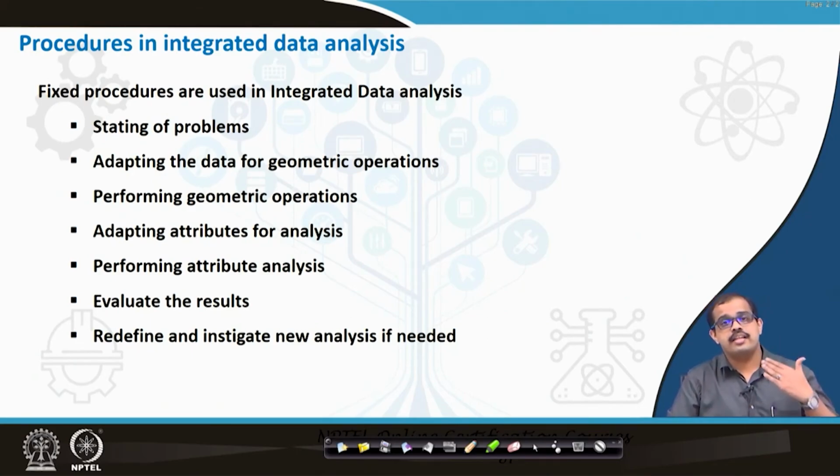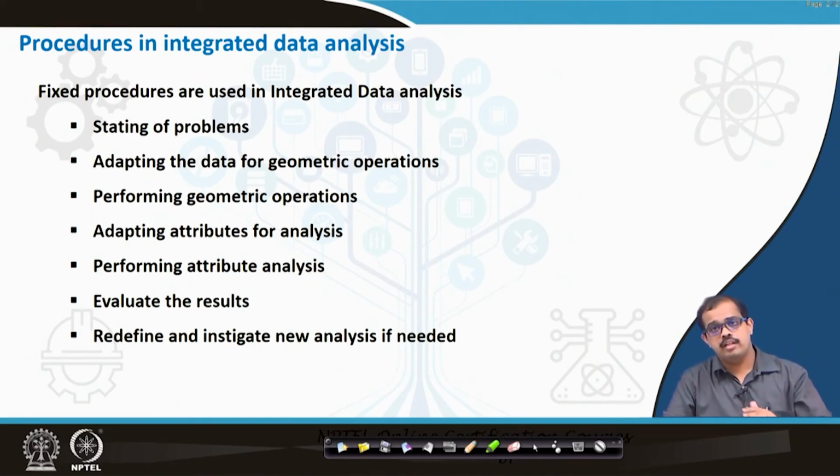One is stating of problems. Okay. First, you have to state what is the problem that you are trying to understand. If the problem is sensible to be understood, that is the first step that you always have to look at. Then adapting the data for geometric operations.